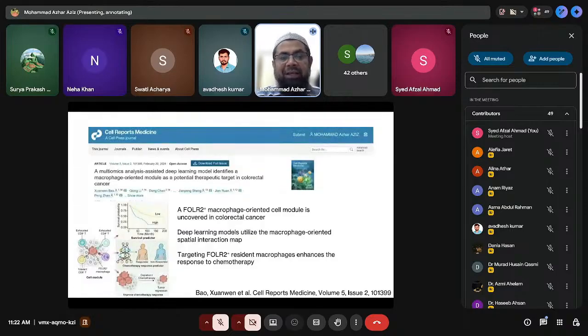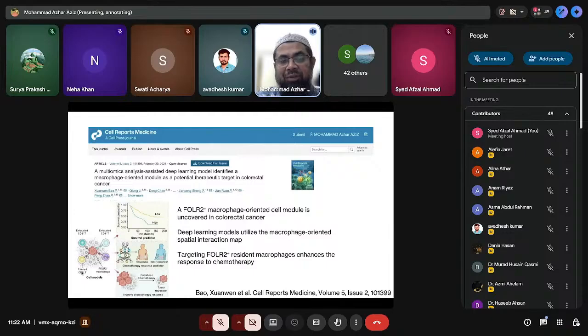Another report that came out in Cell Reports Medicine, a very nice paper, a multi-omics analysis assisted deep learning model. Here you see the use of machine learning and artificial intelligence, and they were able to find a macrophage-oriented module. They did not find one target. Rather, they found this module.